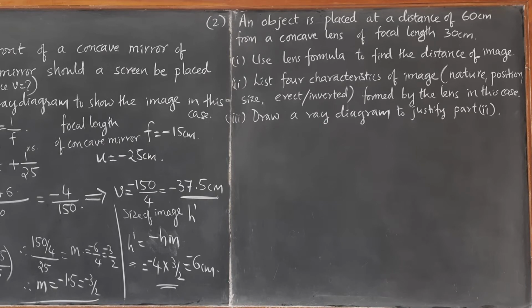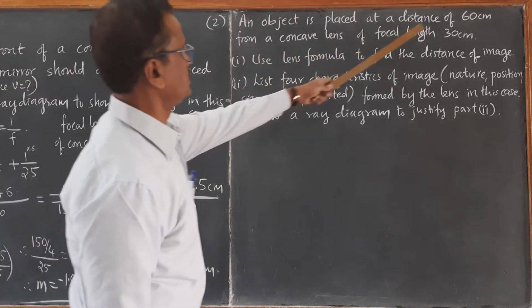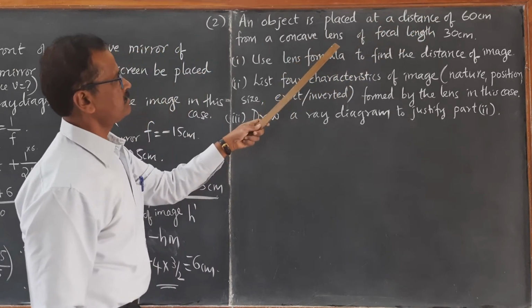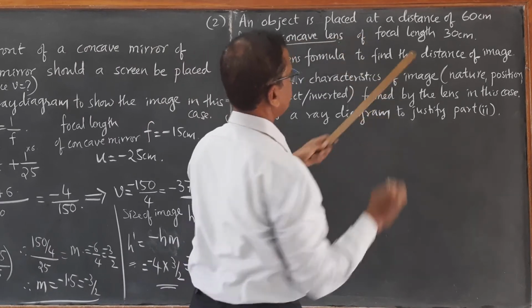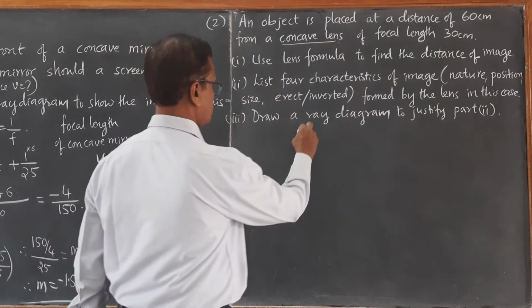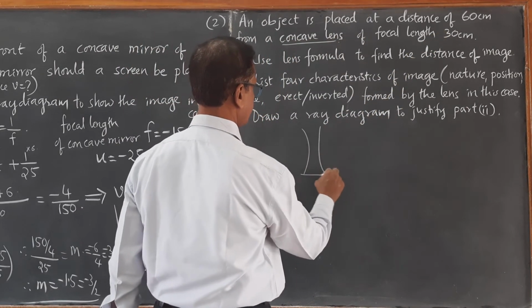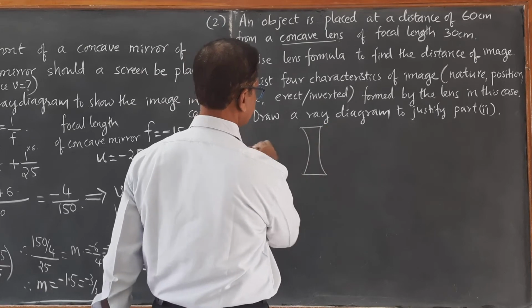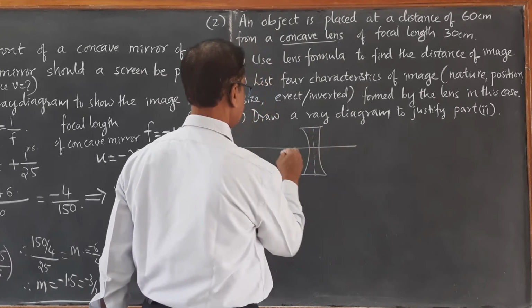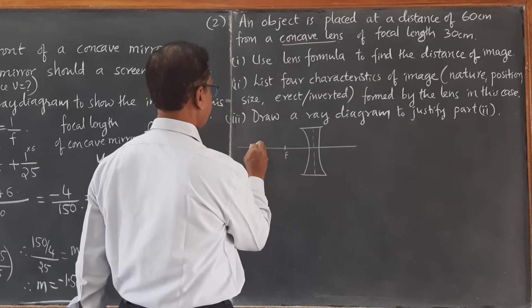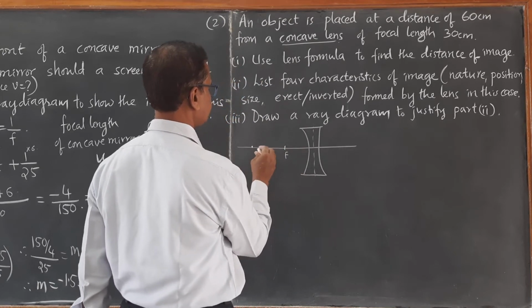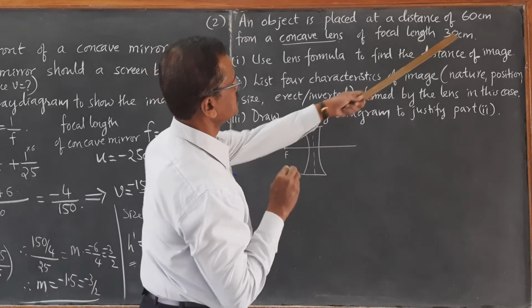An object is placed at a distance of 60 cm from a concave lens of focal length 30 cm. There is a concave lens of focal length 30 cm, and the object is placed at 60 cm.